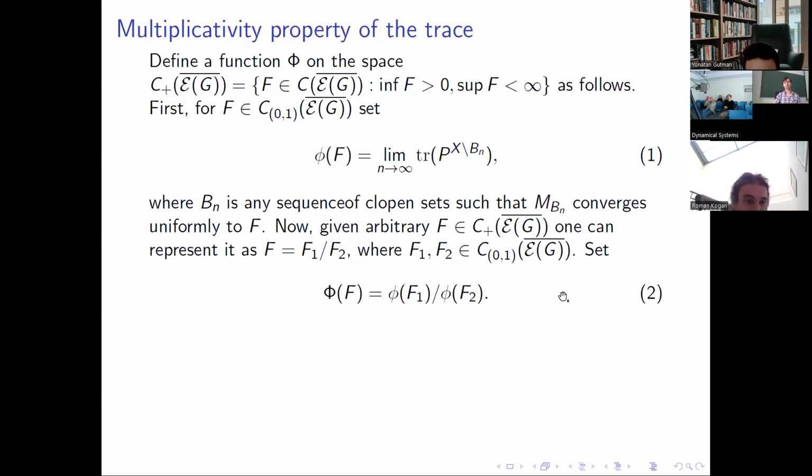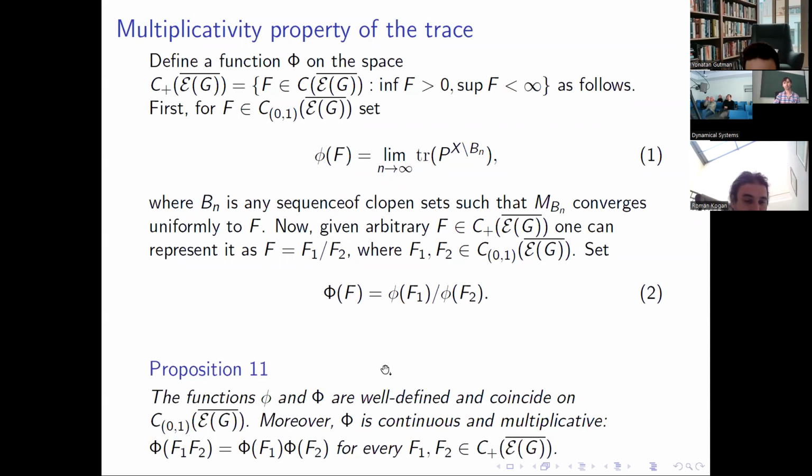The multiplicativity properties and other properties which we discussed before imply that these functions are well defined and coincide on the space of continuous functions with value between 0 and 1. Moreover, capital phi is continuous and multiplicative. So this follows from that property of multiplicativity of functions M_A and of the trace.